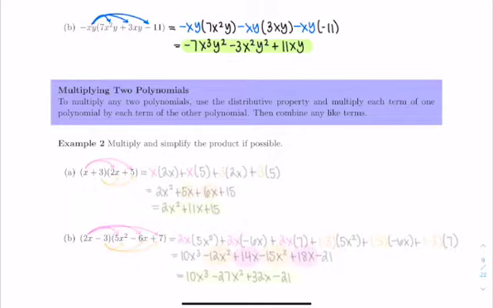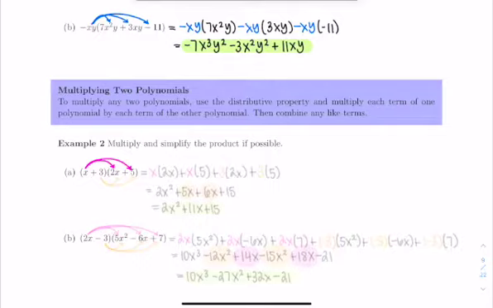Now, when I multiply two polynomials, we use the distributive property and multiply each term of one polynomial by each term of the other, and then combine any like terms. So looking at example number 2a, this means that x is going to get multiplied by 2x, and x is going to get multiplied by 5.